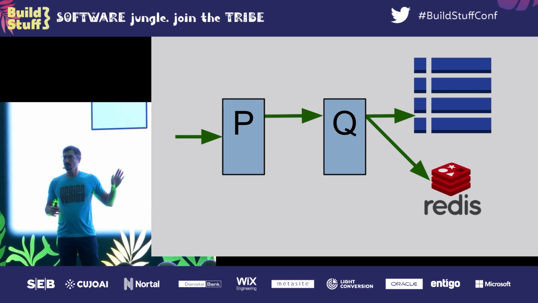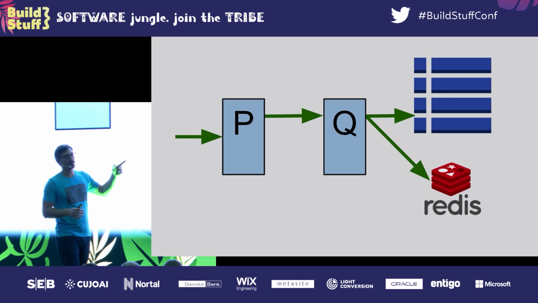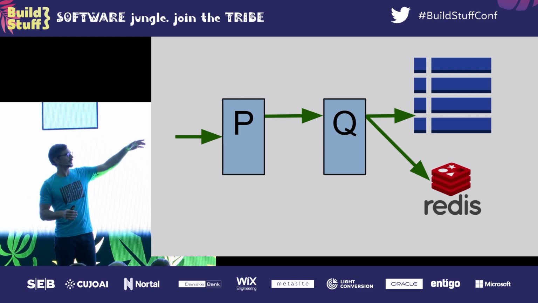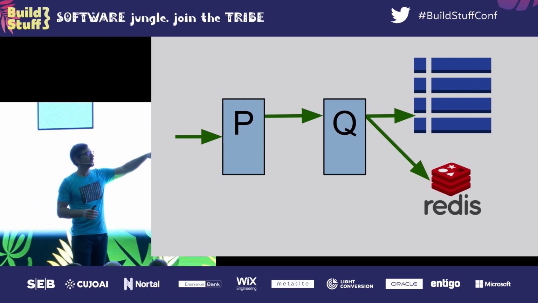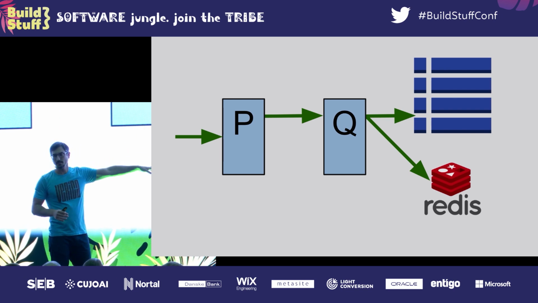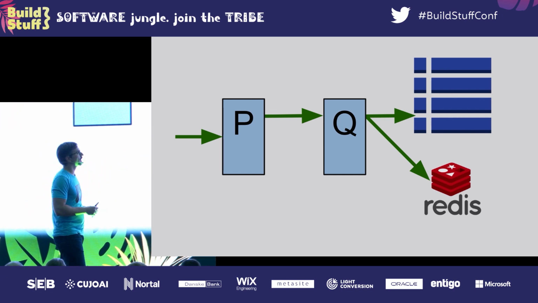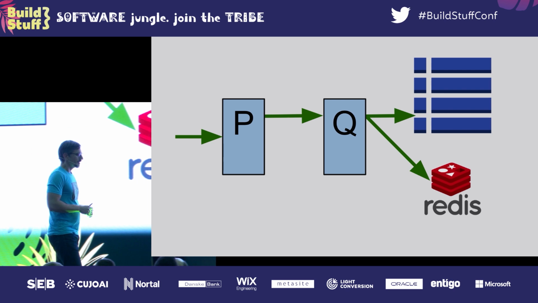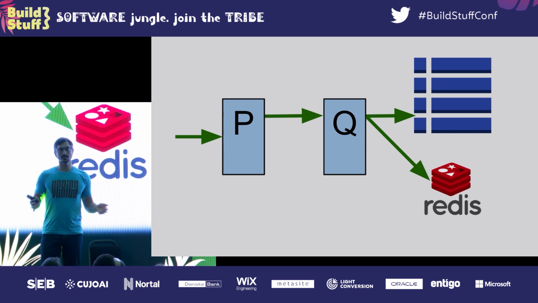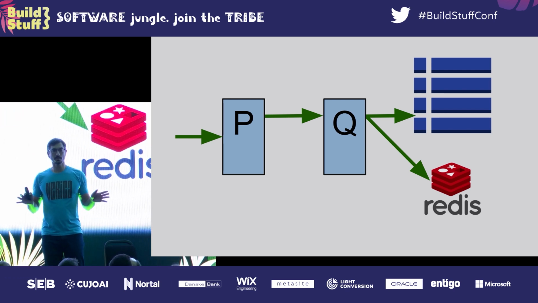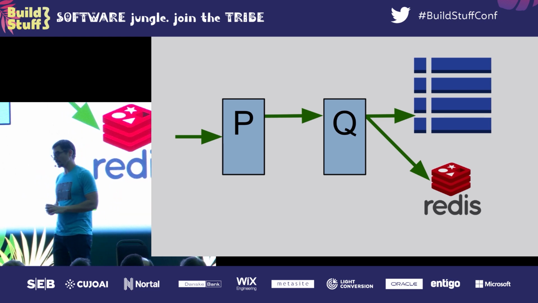And the team that runs Q persists that in two places. A columnar data store, we'll say Cassandra, and Redis for a faster cache for lookup. And they're really good engineering teams, so they have a bunch of failover code in here, a bunch of great, robust design properties.